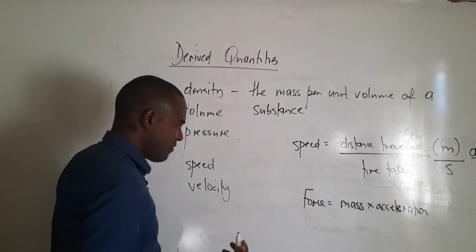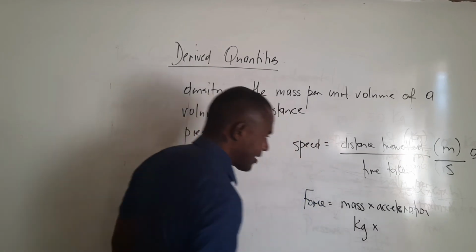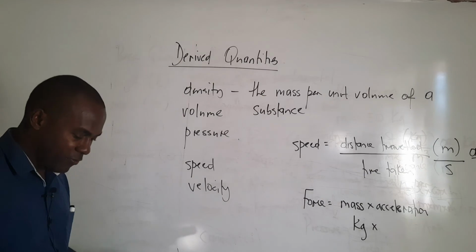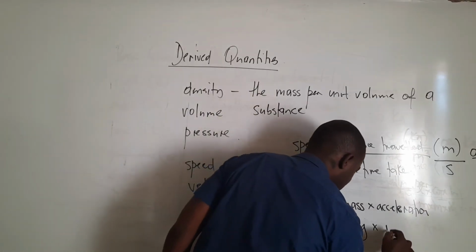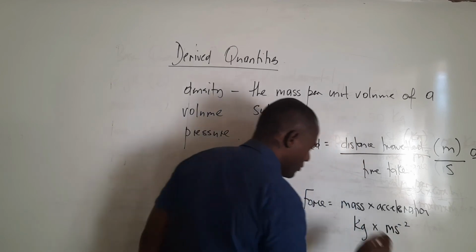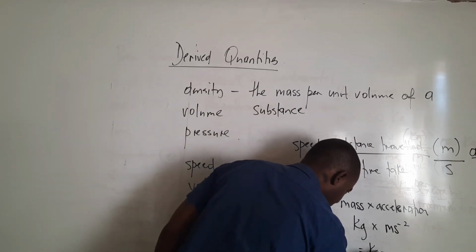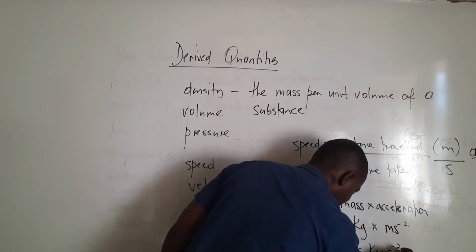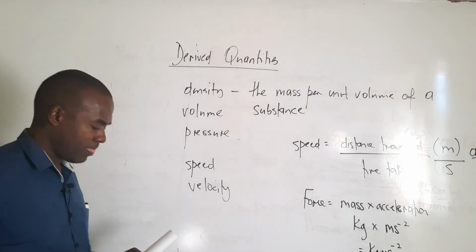Now the SI unit of mass is the kilogram, and the SI unit of acceleration, which of course is another derived quantity, is the meter per second squared. And so when you combine these two together, it gives us kilogram meter per second squared. When you multiply the units, you simply put them together, right?